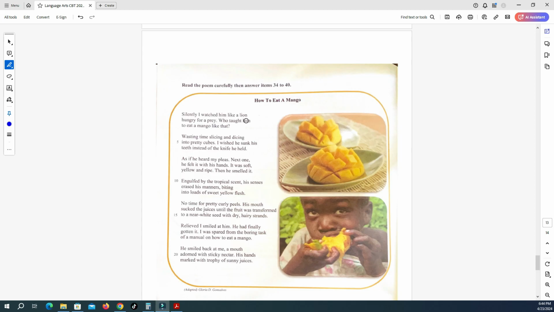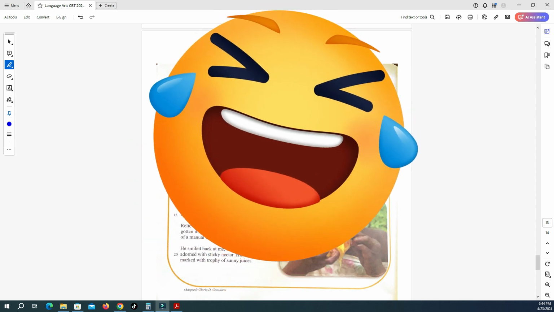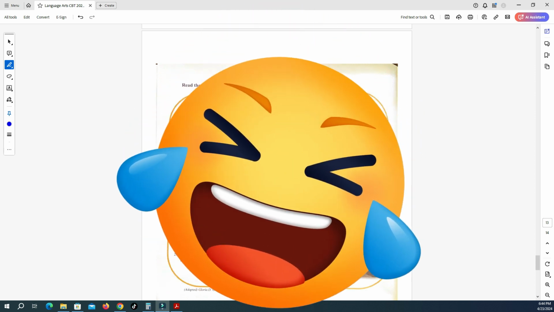Silently I watched him like a lion hungry for a prey. Who taught him to eat a mango like that? Wasting time slicing and dicing into pretty cubes. I wished he sunk his teeth instead of the knife he held. As if he heard my pleas, next one he felt with his hands. It was soft, yellow, and ripe.